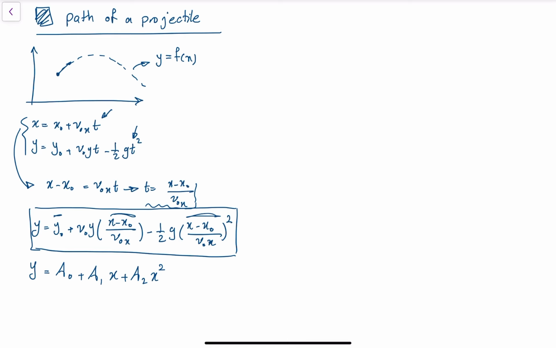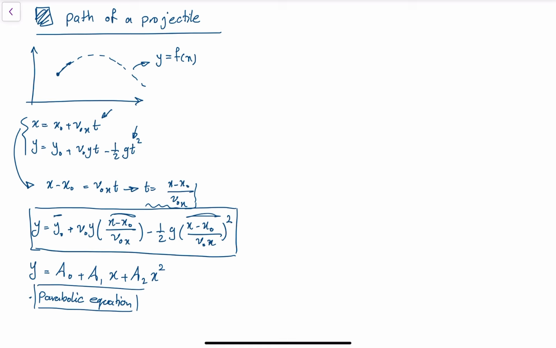But at the end of the day, the equation of a projectile, as you may have known already, is a quadratic or parabolic equation. So the curve the projectile takes is a parabola, a quadratic curve. It is useful to know that it is second order.